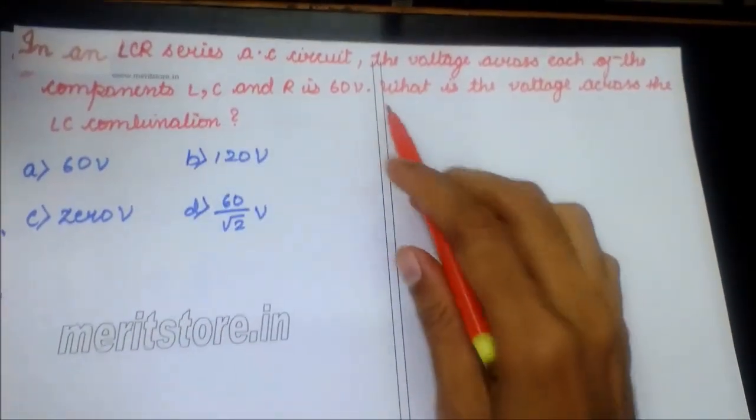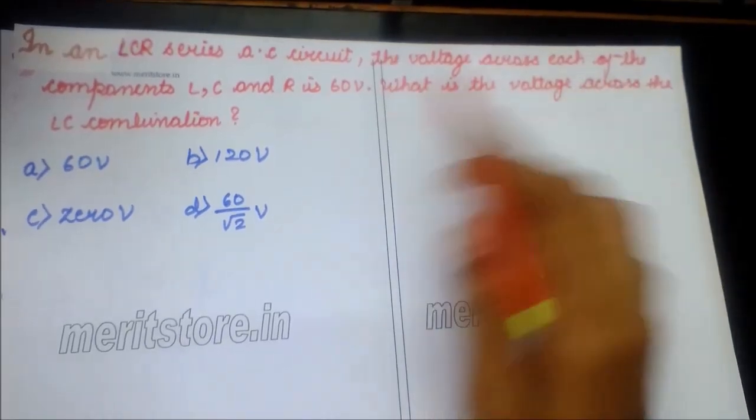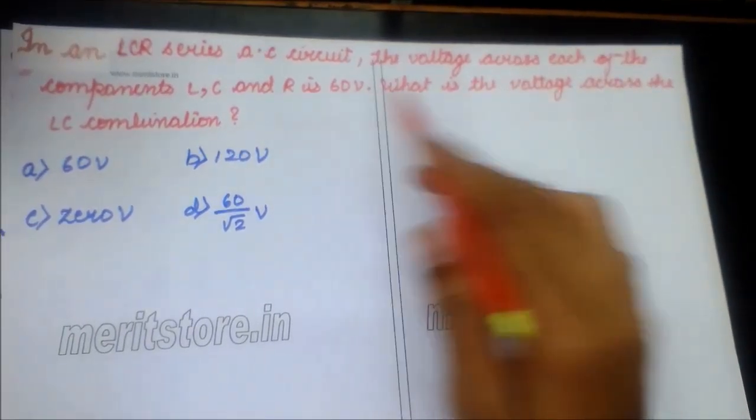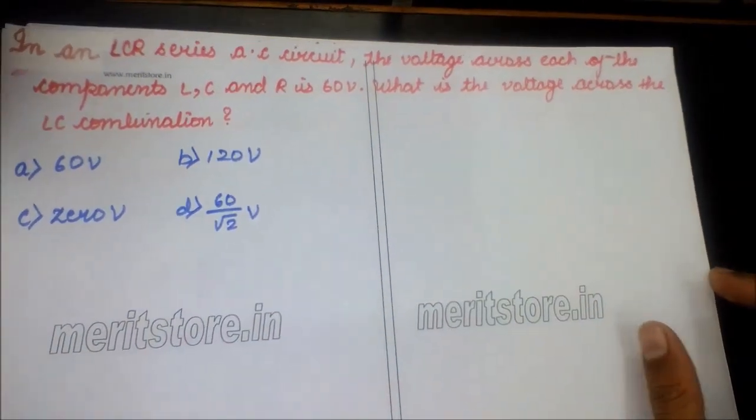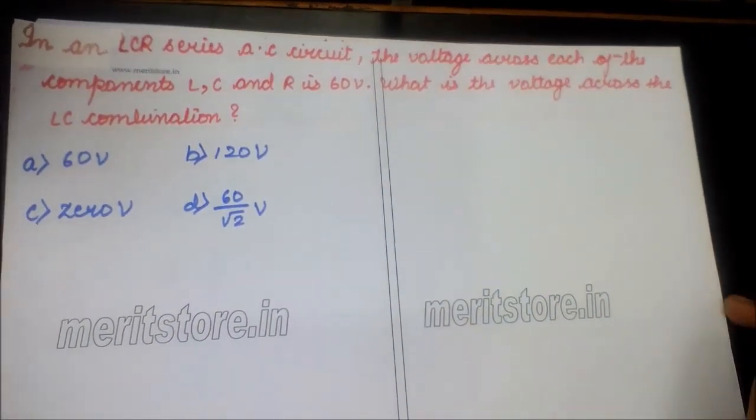In an LCR AC circuit, the voltage across each of the components L, C and R is 60 volts. What is the voltage across the LC combination? 60 volts, 120 volts, 0 volt, or 60 upon root 2 volts.